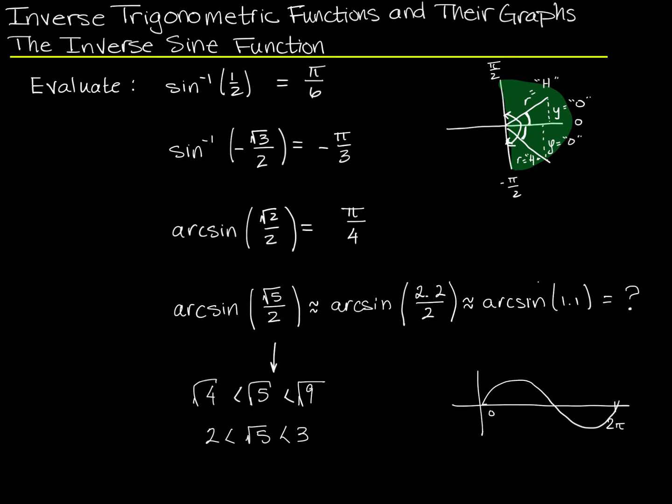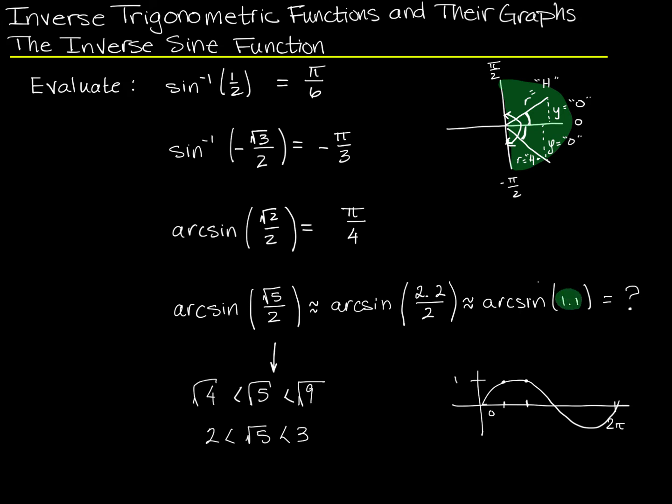Which angle along the x-axis here produces a sine, or a y value, of 1.1? If it was 0.9, I could say, well, maybe it's that one there, or maybe it's that one there. But sine doesn't get bigger than 1, right? Sine never gets bigger than 1. So this is too big an input.